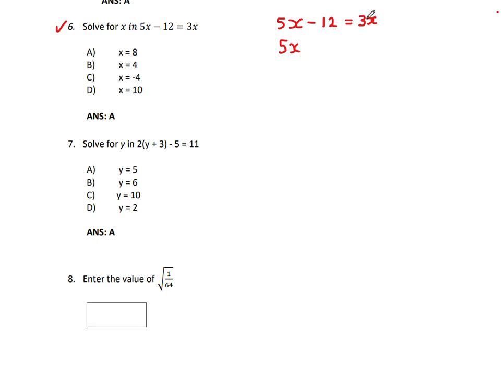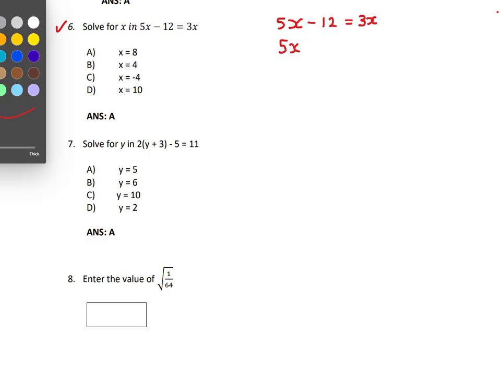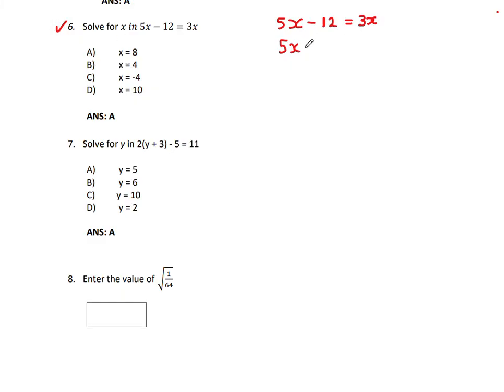So we need to get 3x to be reflected on the left side of the equation. So we're going to carry out what is called inverse operations here. The inverse of a positive is negative, and the inverse of negative is positive. So the inverse of this positive 3x on the right side of the equation would be negative 3x on the left side of the equation.